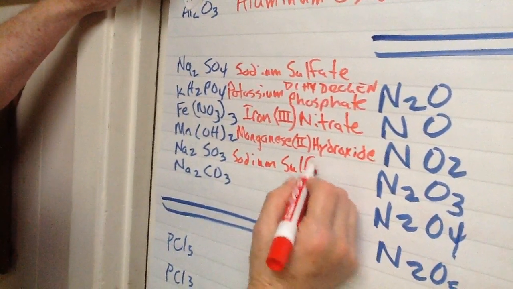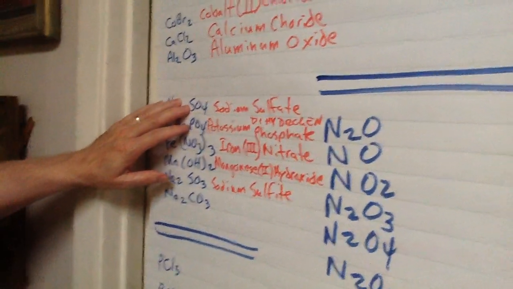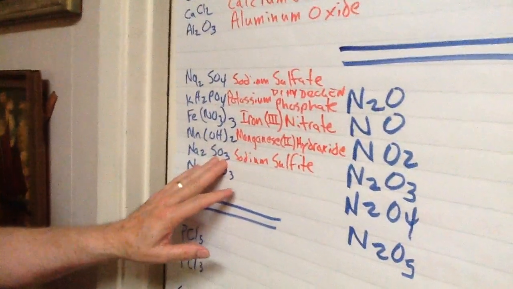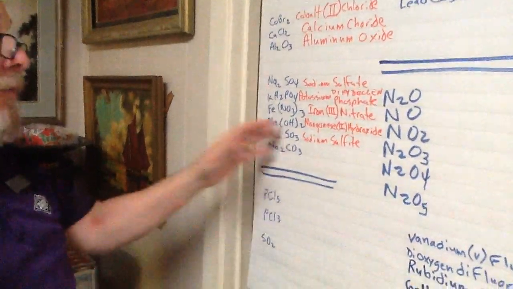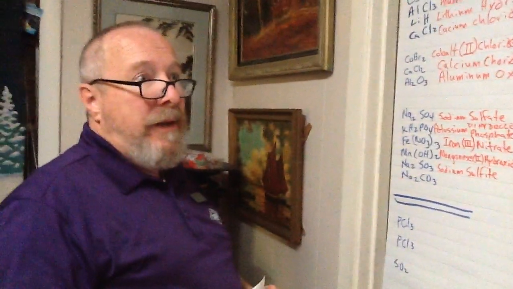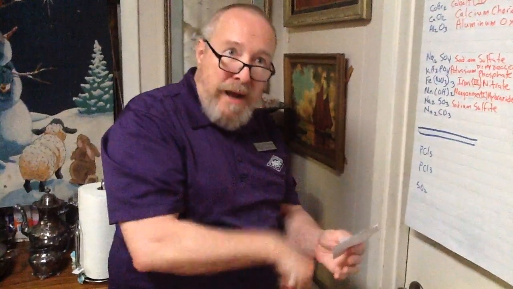sulfite. See? Sulfate was SO4 2 minus. Sulfite is SO3 2 minus. 1 less oxygen. So the ate becomes ite. Now what if I had SO2? Then I would actually add a prefix called hypo, which means below, as in hypodermic, goes under the skin, or hypoglycemia, where your sugar in your blood, emia means in the blood, goes down.